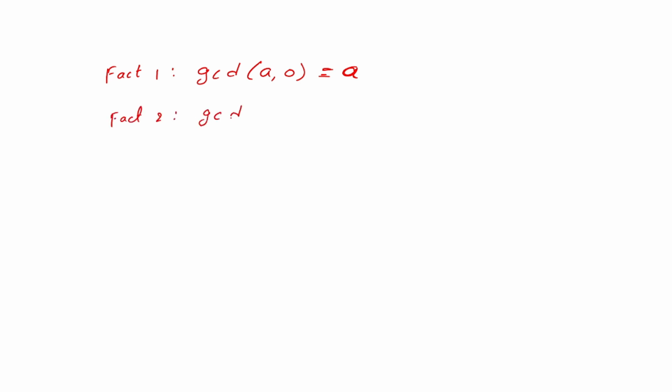GCD of a comma b is equal to GCD of b comma r.